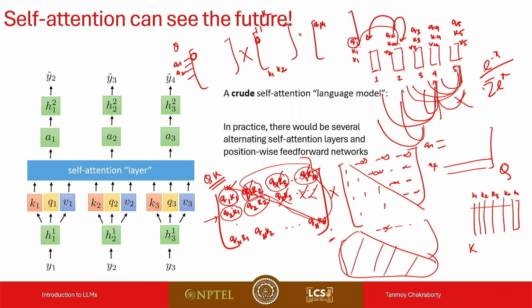So when an element is masked with minus infinity, e to the power minus infinity is what? Zero, right? After softmax, this part will become 0, and the remaining part will essentially follow the softmax rule.